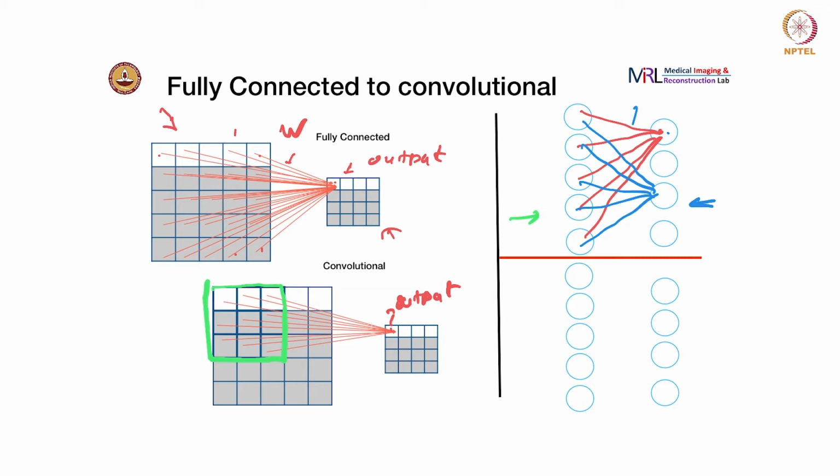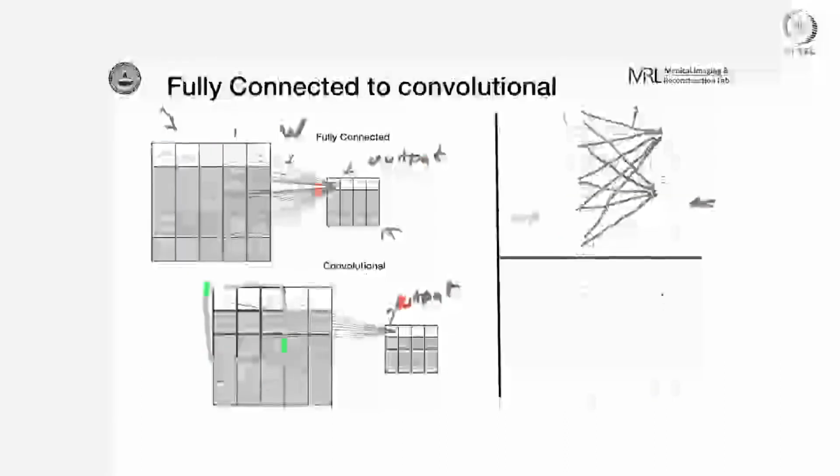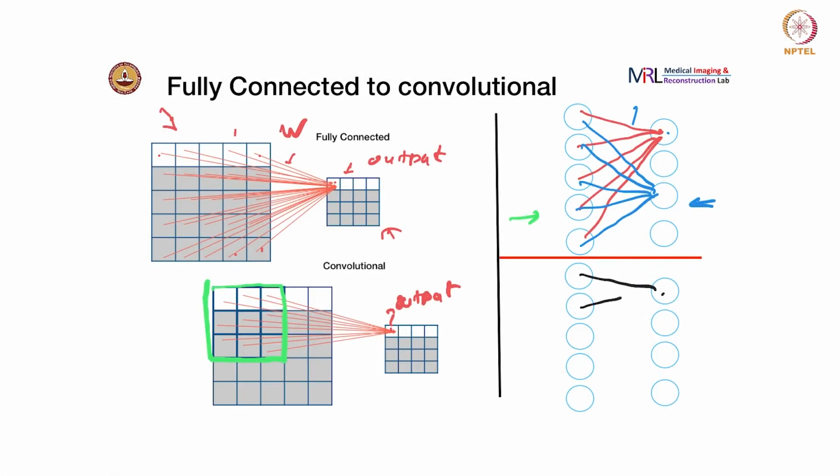In the case of a convolutional neural network, you would represent it this way. For instance, this output is only connected to these three, and maybe this output would be connected to these three inputs, and so on and so forth. Again, this is not for 2D, this is in 1D, but still, if you rasterize this input and lay it out in a proper fashion, we can still illustrate it in this fashion.